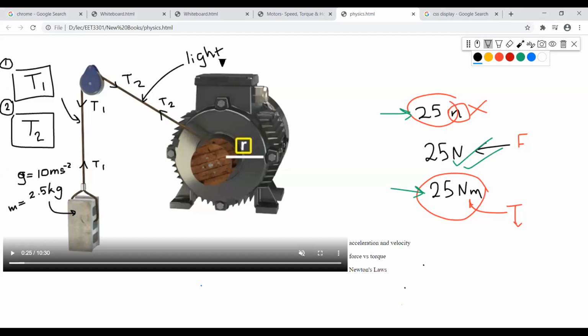Inelastic rope, so the tension is not going to change. The same tension would be everywhere. Therefore the tension would be the same.